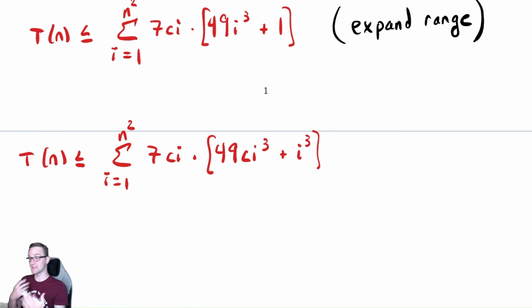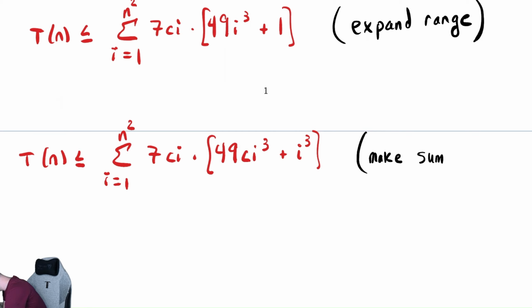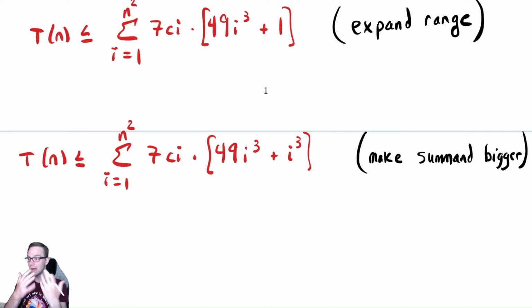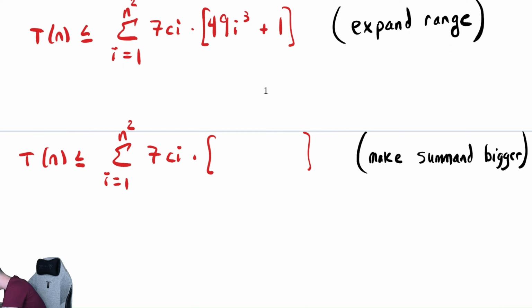What we've done there is make the summand bigger, the summand meaning the thing inside of the sum. We have 49i cubed plus i cubed. We can combine that to 50i cubed. I'm doing that in place so that I don't need to rewrite a lot.